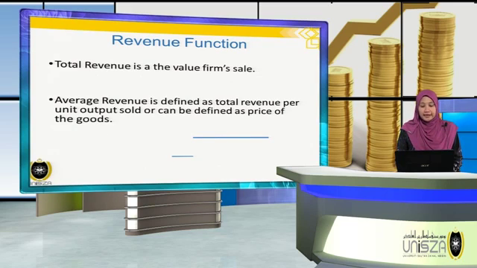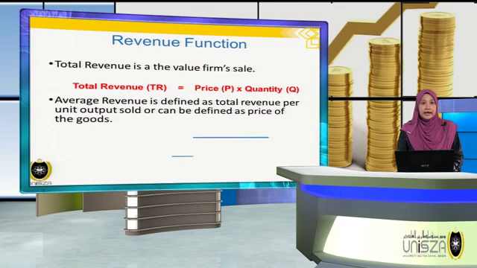Total revenue is the value of a firm's sales, or in other words, the total receipts of a firm from the sale of some given quantities of a product. It can be calculated as the selling price of the firm's product times the quantity sold. Total revenue is equal to price times quantity.